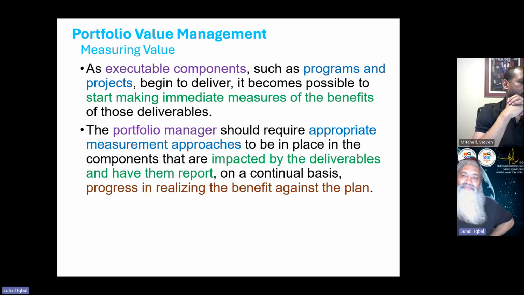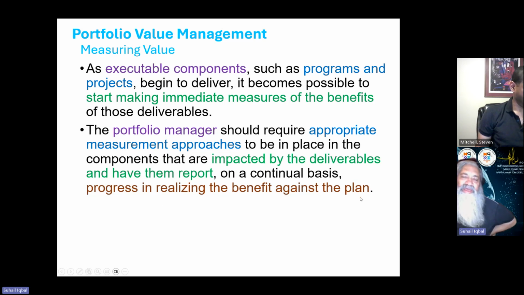As executable components such as programs and projects begin to deliver, it becomes possible to start making immediate measures of the benefits of those deliverables. The portfolio manager should require appropriate measurement approaches to be in place in the components that are impacted by the deliverables and have them report on a continual basis progress in realizing the benefit against the plan.